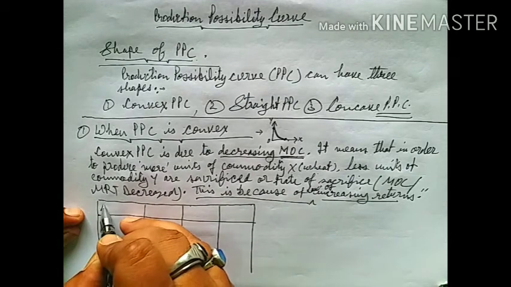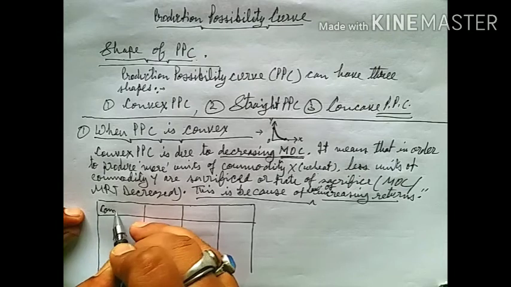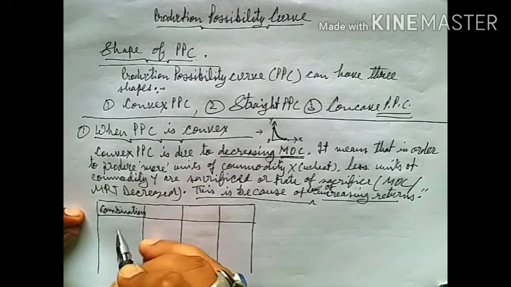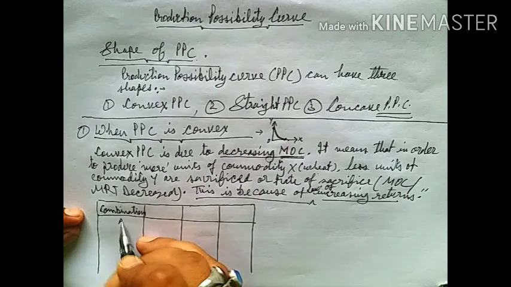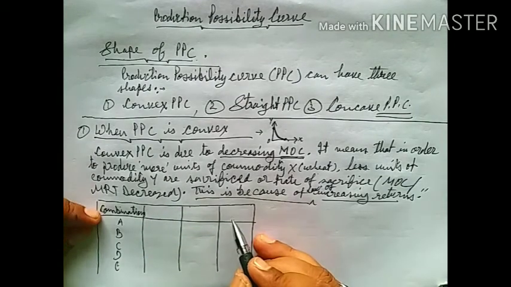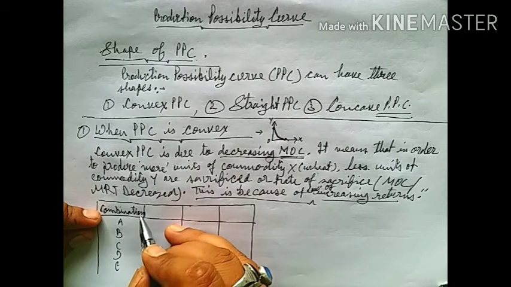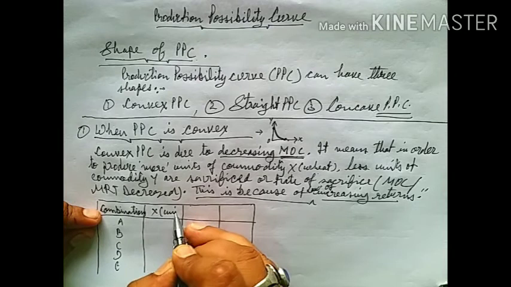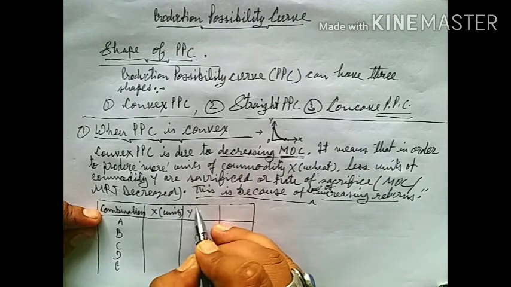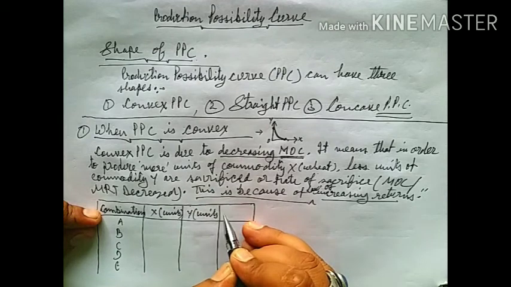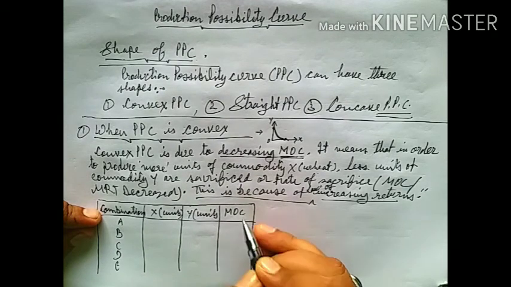Here these are the combinations, or the possibilities A, B, C, D, E, then the X or the wheat units, the Y or the cotton units, and this is the MOC.